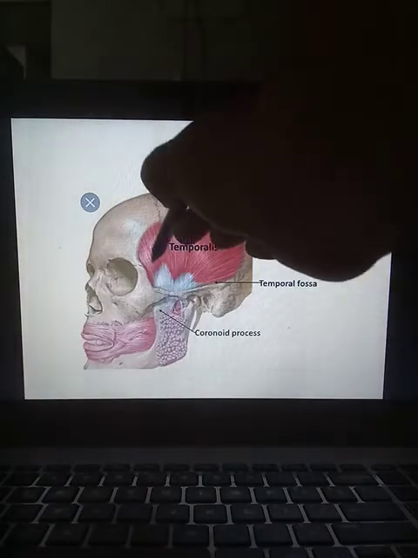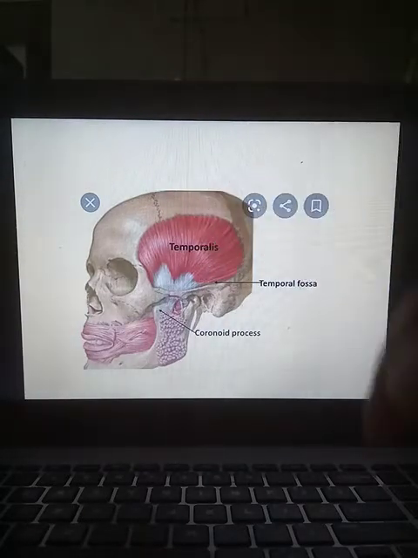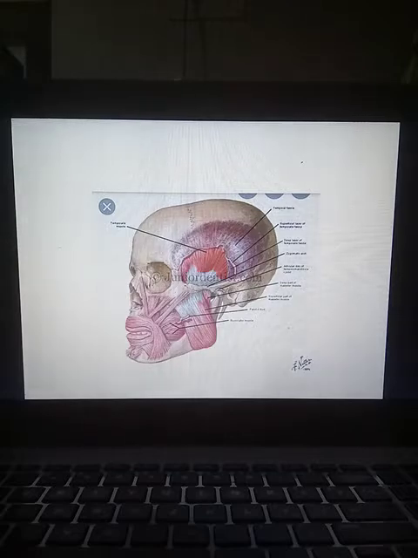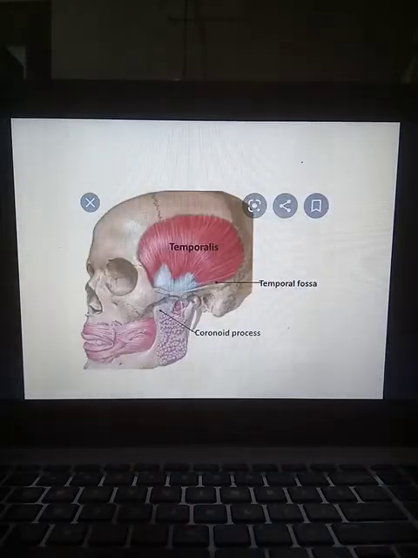See, the temporalis muscle is quite evident here. Now we will discuss the temporalis. As you can see, this is a fan-shaped muscle in the temporal fossa. Where does it arise from?